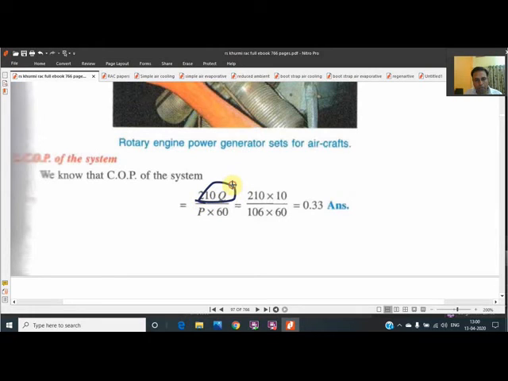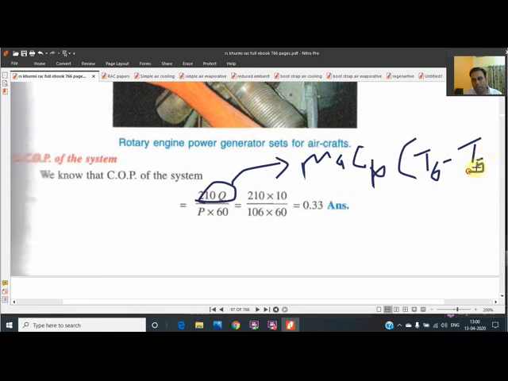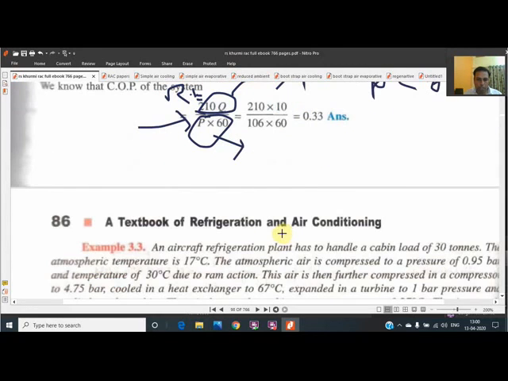Either you put 210 Q or you put MA, CP and delta T, wherever the refrigerating effect you have achieved, T6 minus T5 in this question. Either of the two things you can use. And power you have determined. If you divide both the things, refrigerating effect upon work done, you directly get the COP of the system.